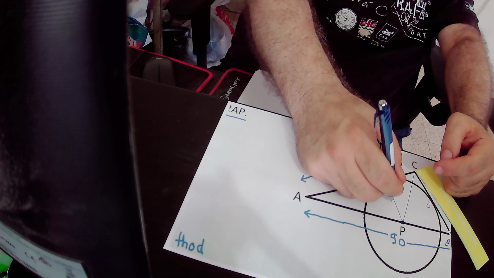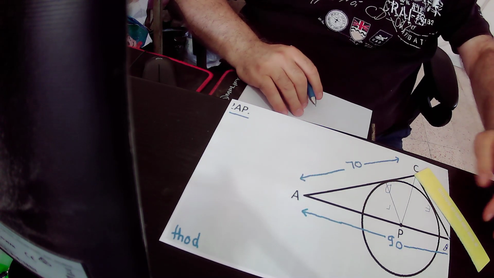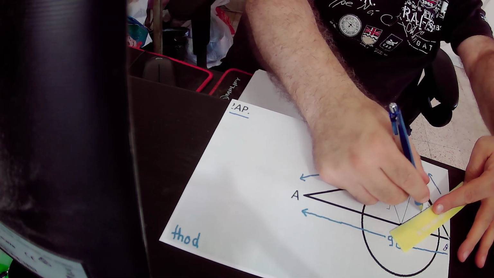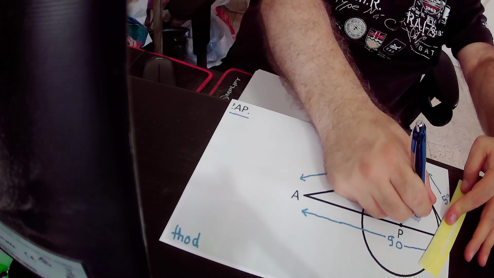We will mark it as R, and also we will connect points P and E, and points PE and PD are also the radius of the circle.